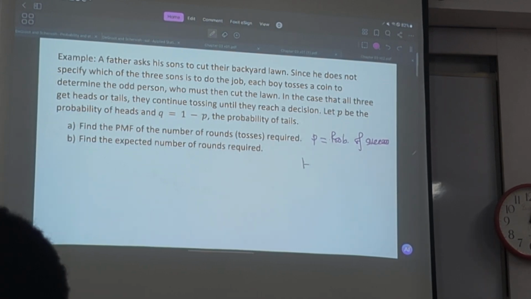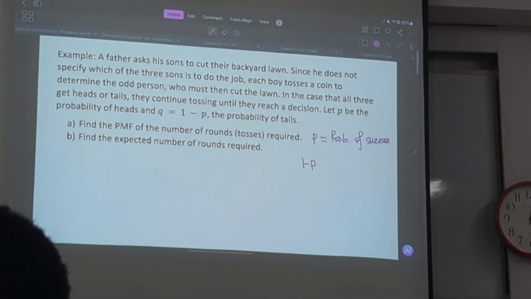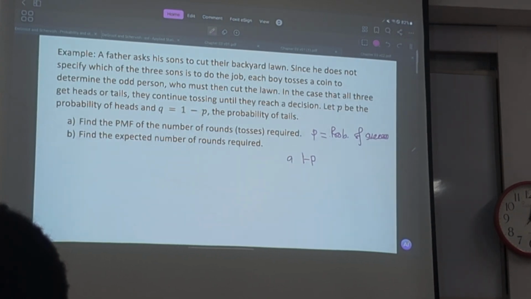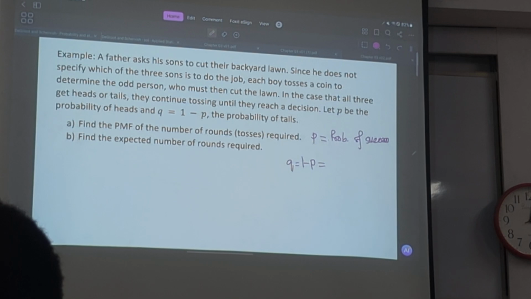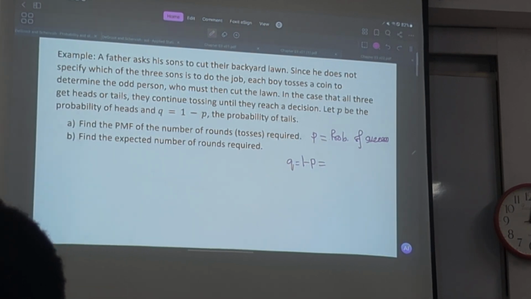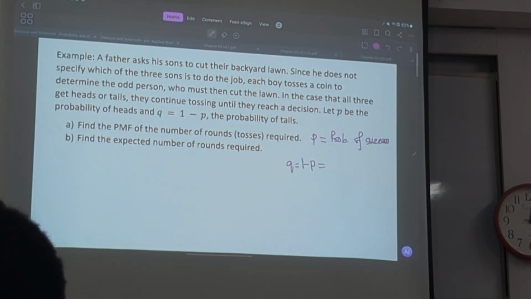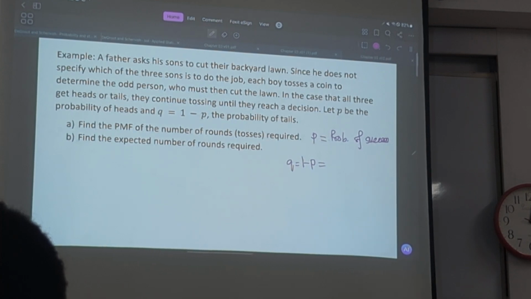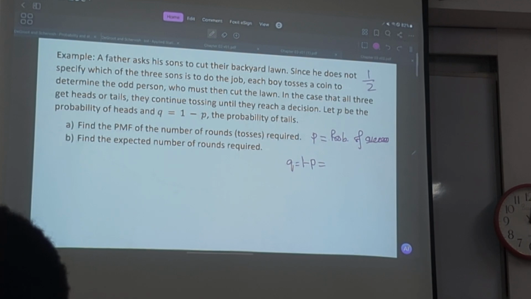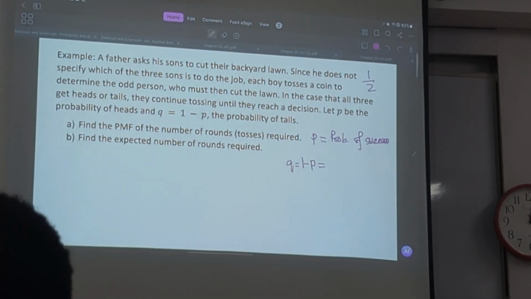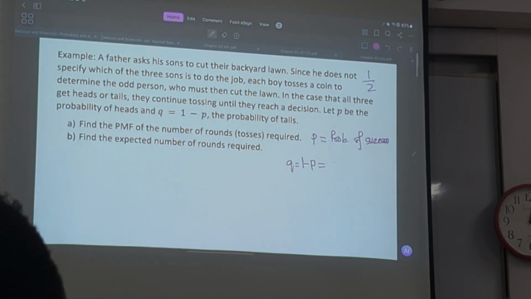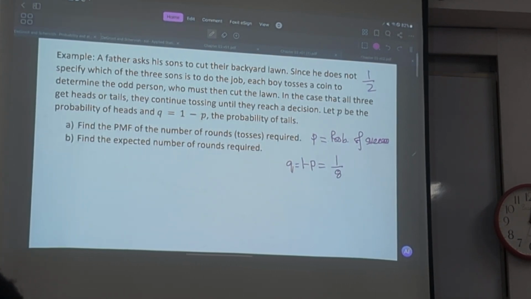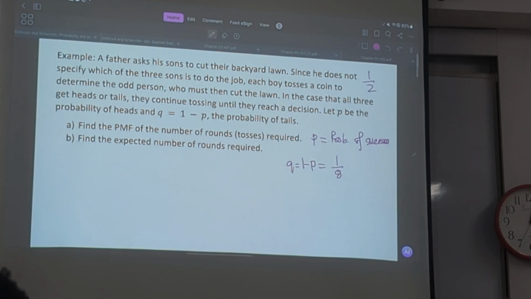So if failure occurs with probability q, what is this? All the points showing the same. What is the probability of a head? Half. So what is the probability that all 3 coins will show heads?